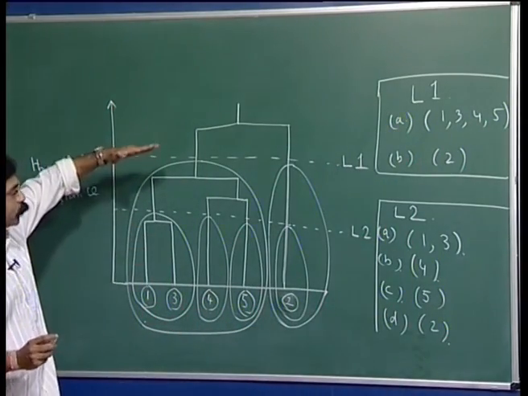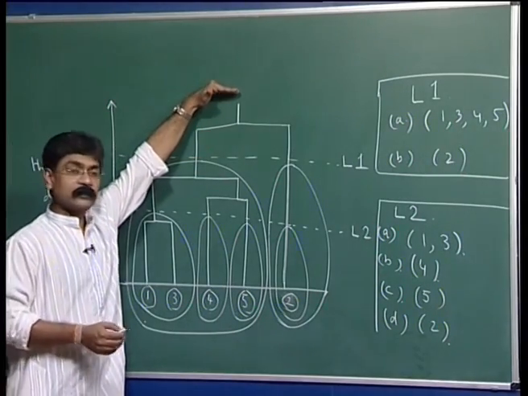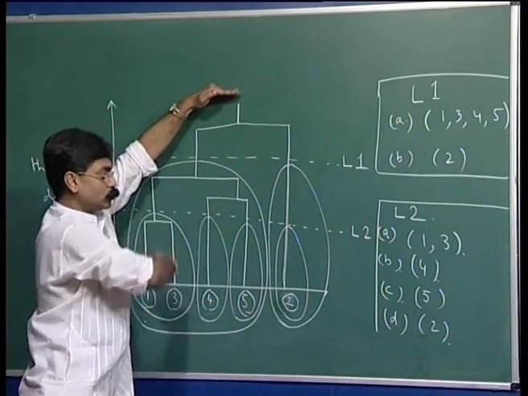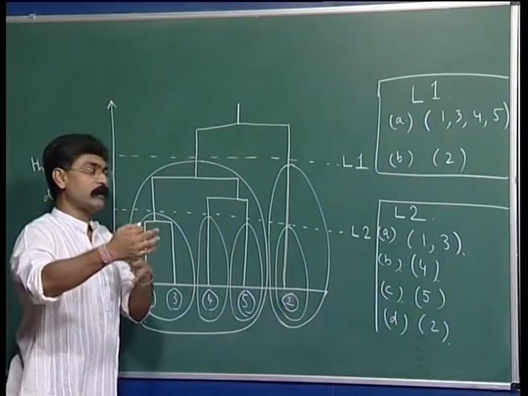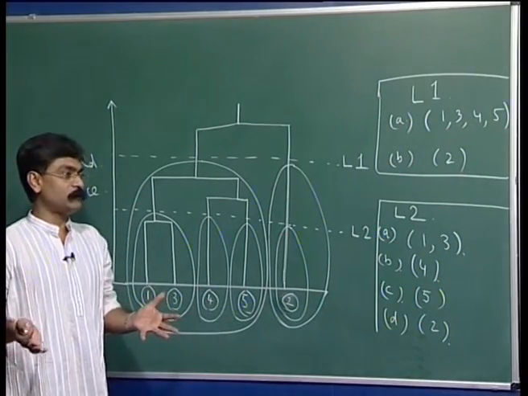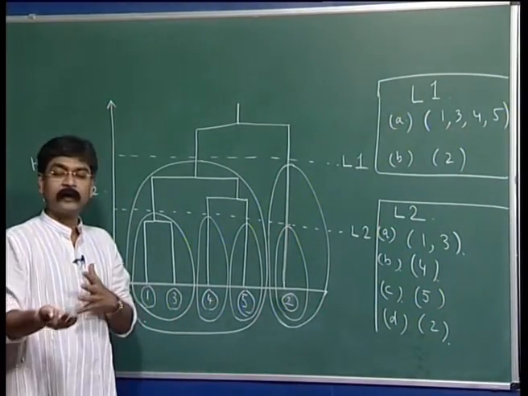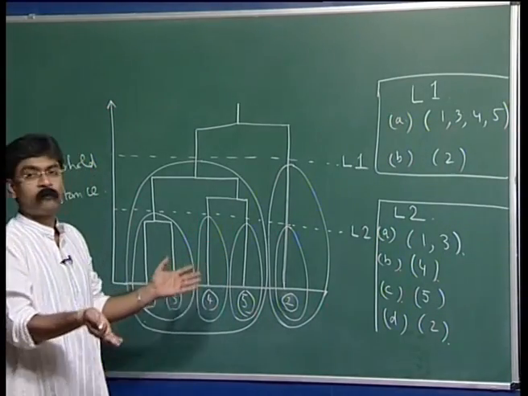Now, if we thus look at various levels of resolution, if this is the level of resolution, we will say that all the cases belong to one single cluster. That is what I was referring to, that if you look at a heterogeneous group of objects from a far away distance, all the objects would look as if they are similar. So, all of them form one cluster.